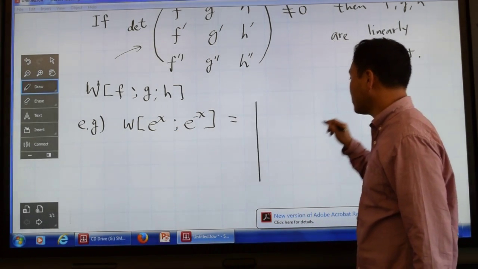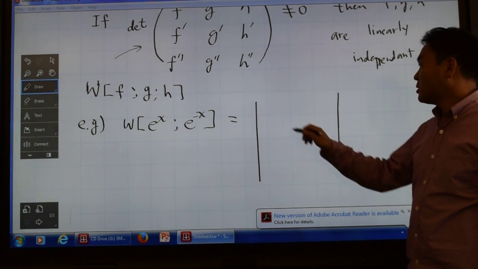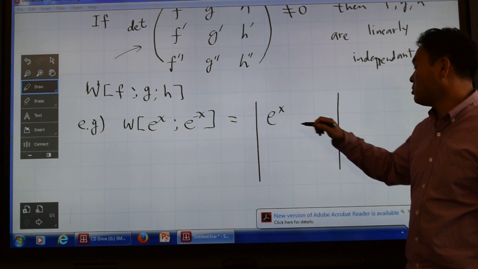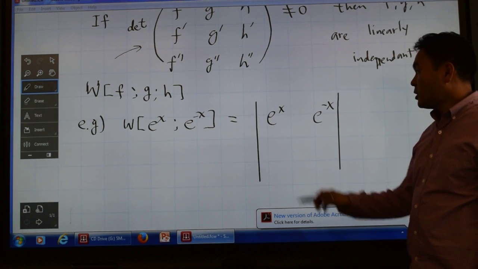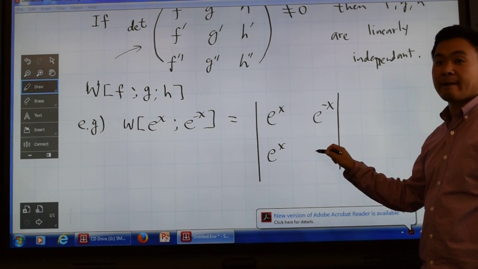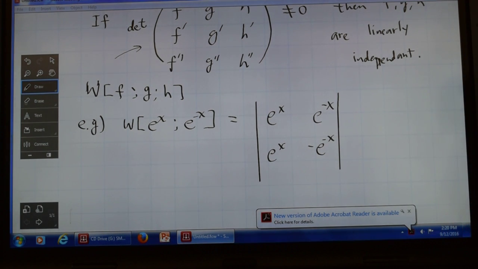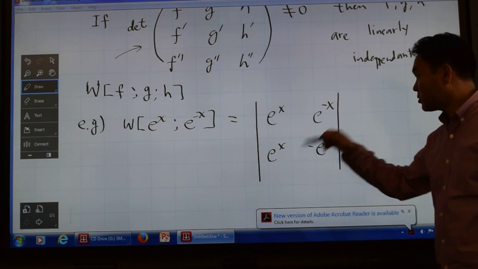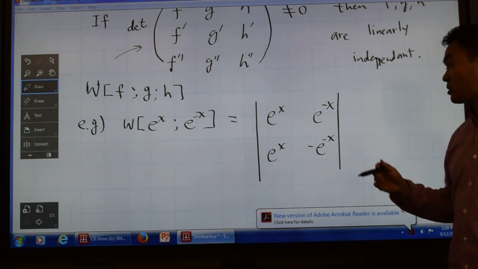This is the determinant. I'm going to write the determinant by using 2 bars. You list the 2 functions, e to the x and e to the negative x. And you differentiate. What do I write here? Negative e to the negative x, right? So those are the derivatives. And now we have a 2 by 2, which means I can take the determinant.